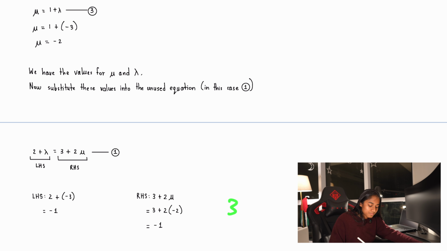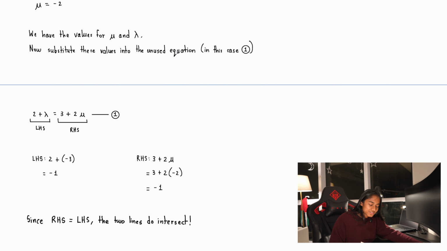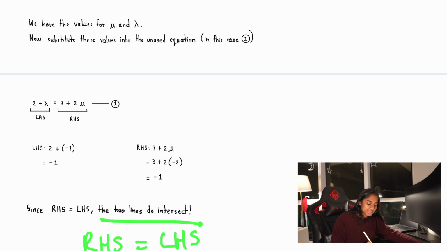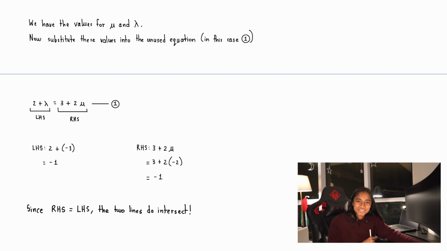So 3 minus 4 is equal to minus 1. And is that equal to our left-hand side? Yes, it is. So we know that since the right-hand side is equal to the left-hand side, these two lines do in fact intersect. Okay, so that's how you find if lines intersect or not.